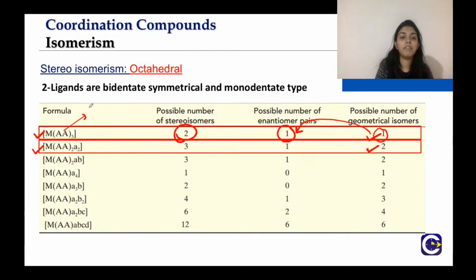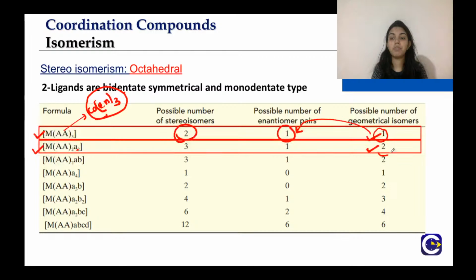For example, we did it as Co(en)3, right? So one geometrical isomer was possible, and basically we can say that one optical isomer was also possible, which was the mirror image of Co(en)3. So a total of 2. Here also in MAA2B2 or A2, we have found out that geometrical isomers are equal to 2.